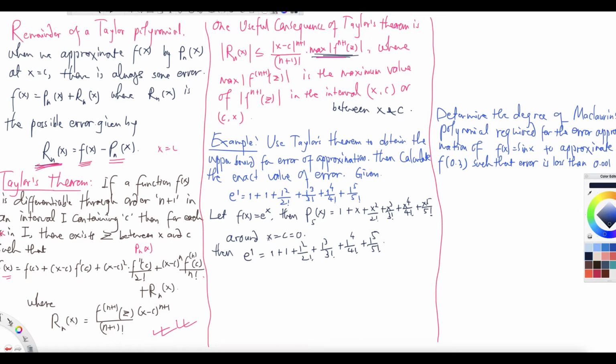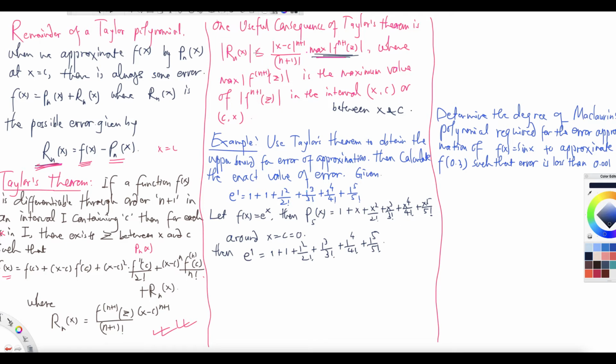Now, as we said, the remainder of this function: f of x is P5 of x plus the remainder, right?